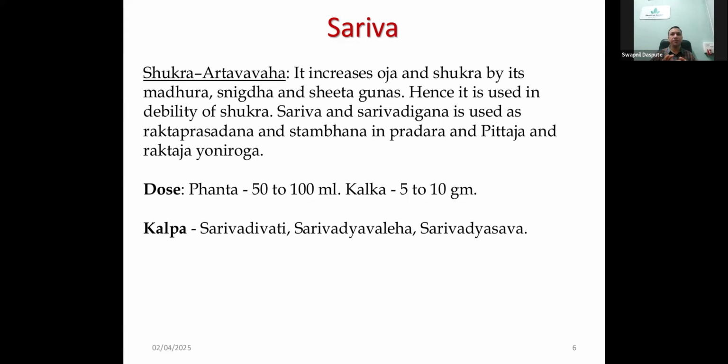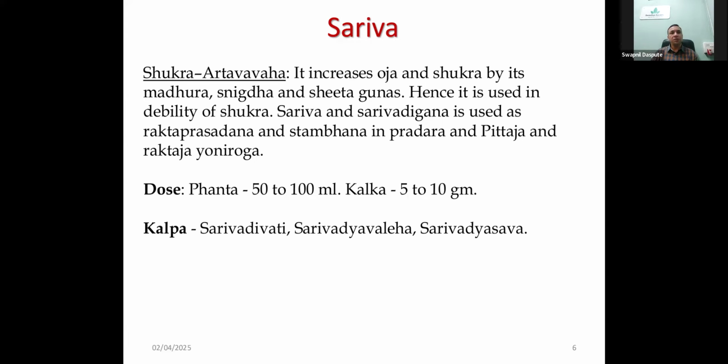So it can be Rakta Pradara or Shweta Pradara. Shweta Pradara is white discharge. Rakta Pradara is the bleeding. Okay, so Pradara is a generic word used for per vaginal discharge. And Pittaja and Raktaja Yoni Roga. Yoni Roga are vaginal diseases, okay, in which Pitta and Rakta are vitiated or show Pittaja and Raktaja signs and symptoms. Sariva should be used.